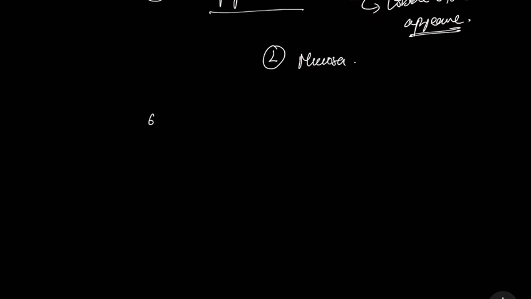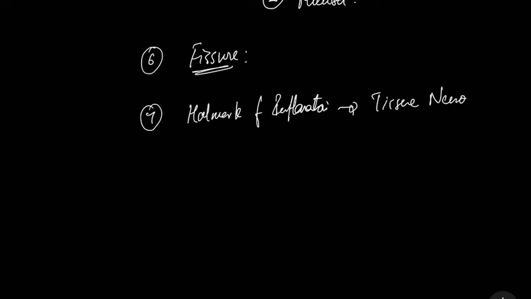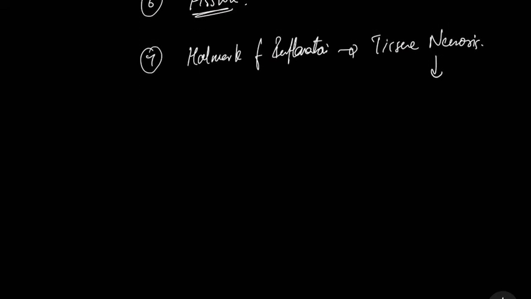Now what is the next thing we read? We read something about fissures. Then the hallmark of inflammation, what was that? Tissue necrosis. And what did this lead to?